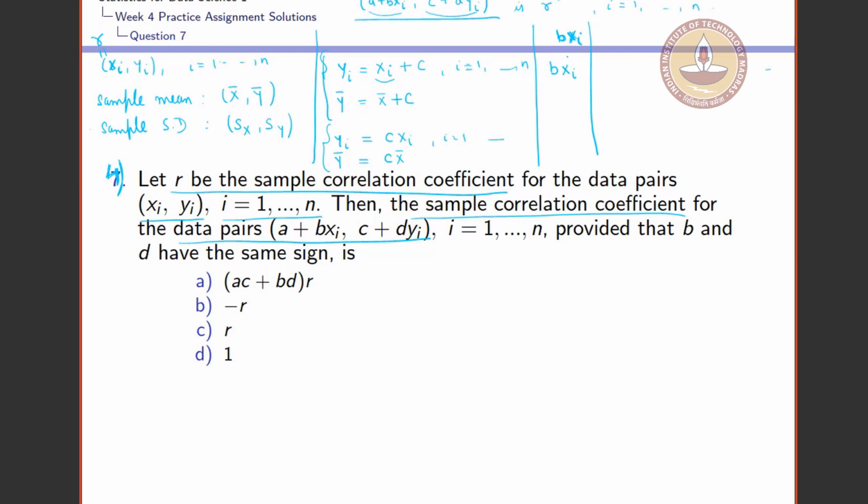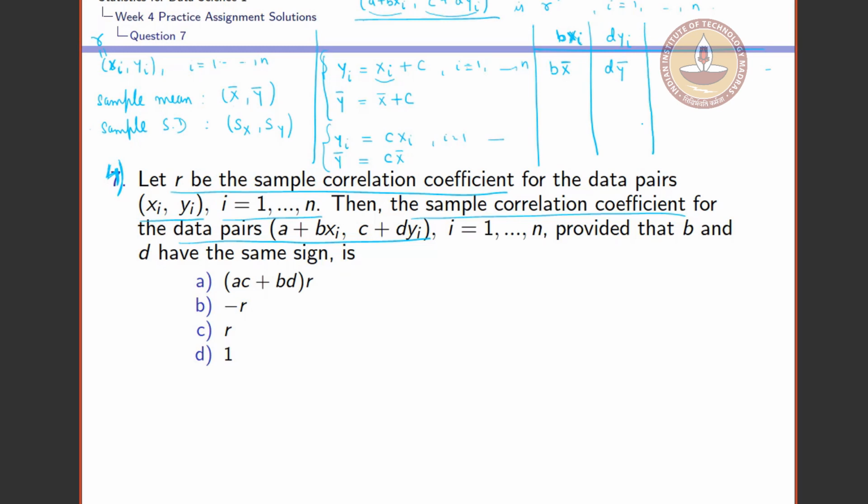Mean of xi was x bar. This will be b of x bar. Now what will be the mean for d of yi? As we have assumed that the mean for yi is y bar, the mean for d of yi will be d times y bar.